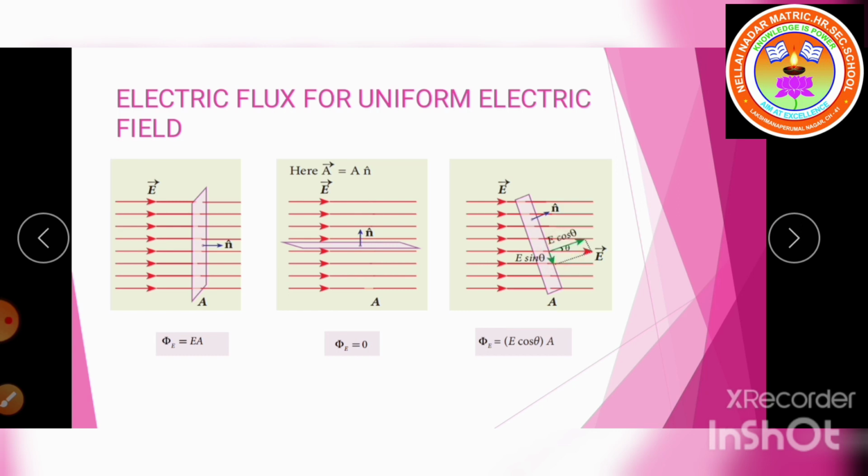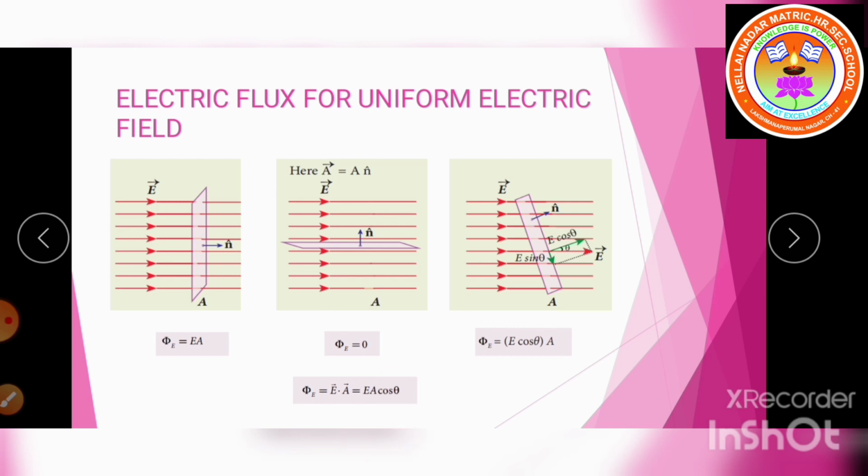So in general, we can write the formula phi is equal to E vector dot A vector, that is equal to EA cos theta. Here theta is the angle between the electric field and the direction of the normal to the area. Very important lesson children.